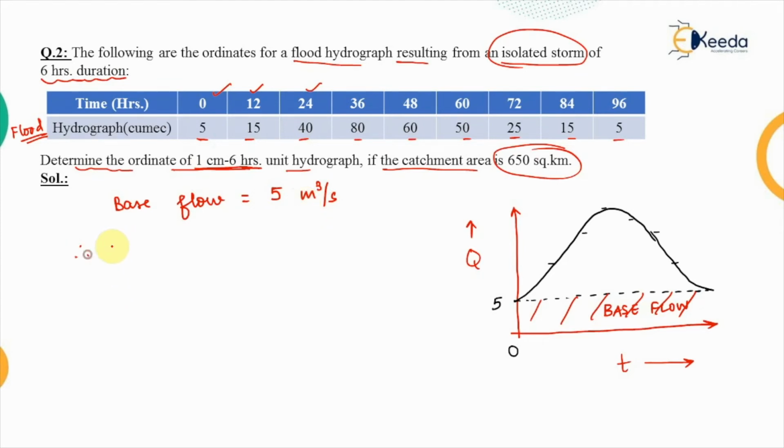Therefore, to obtain the ordinates of the direct runoff hydrograph, we will write down the ordinates of the flood hydrograph, that is FH, and we have to deduct the base flow from each of the ordinates of the flood hydrograph. So the first column would be the time, in hours.